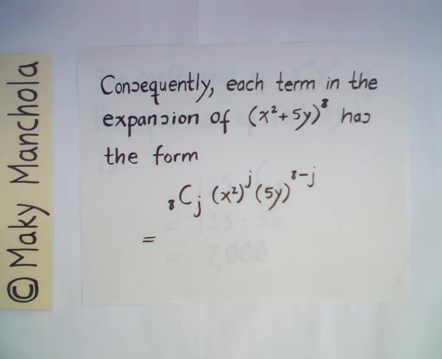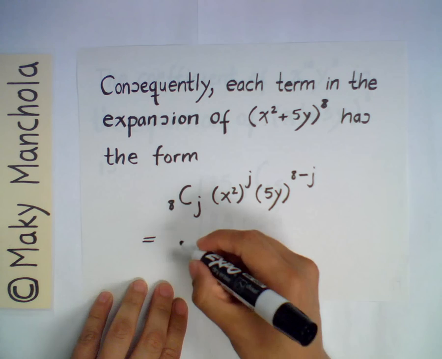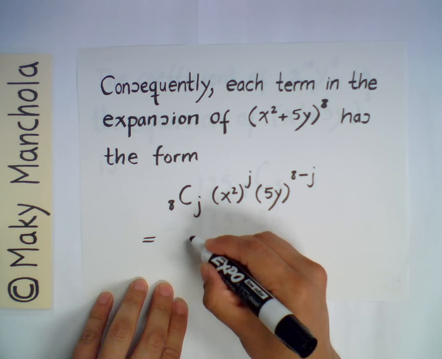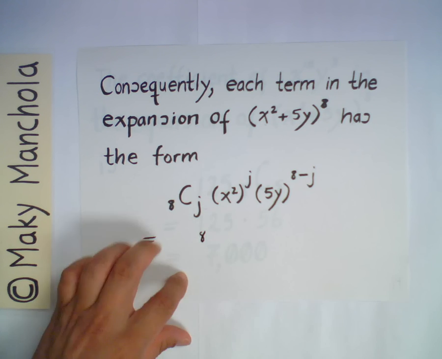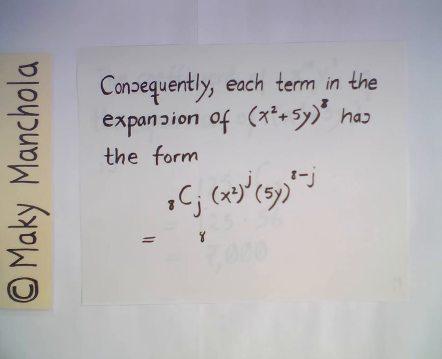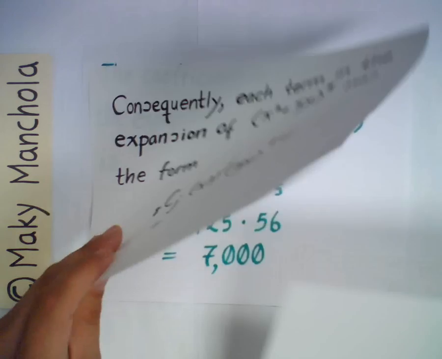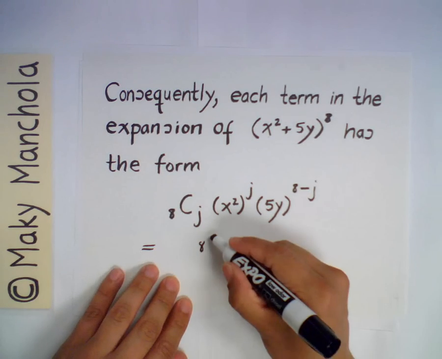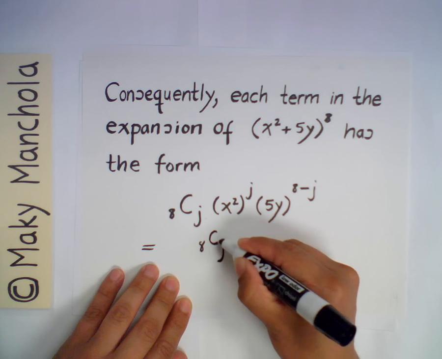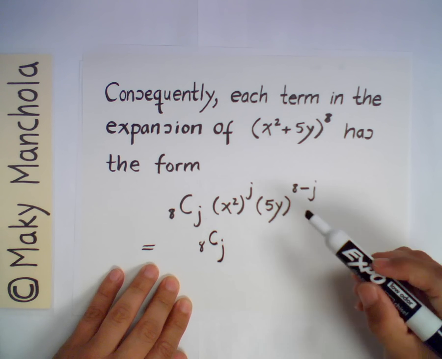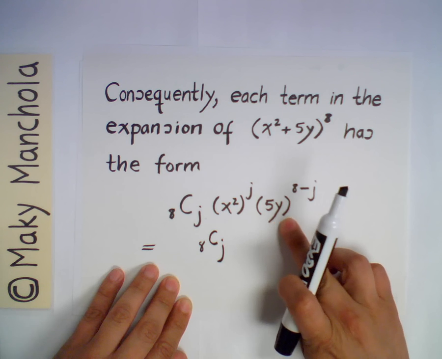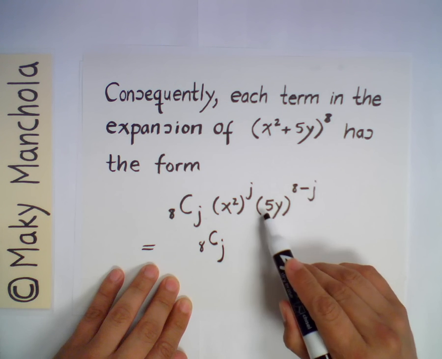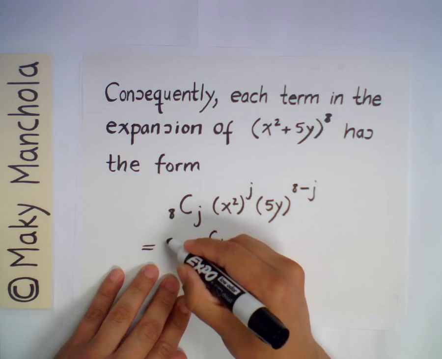Now let's do a little bit of clearing up here, and that will be the same as 8 choose j. Then if you split this up, you get 5 to the 8 minus j.